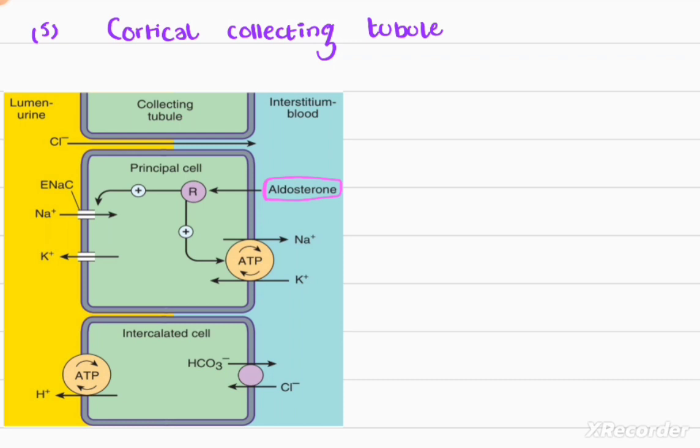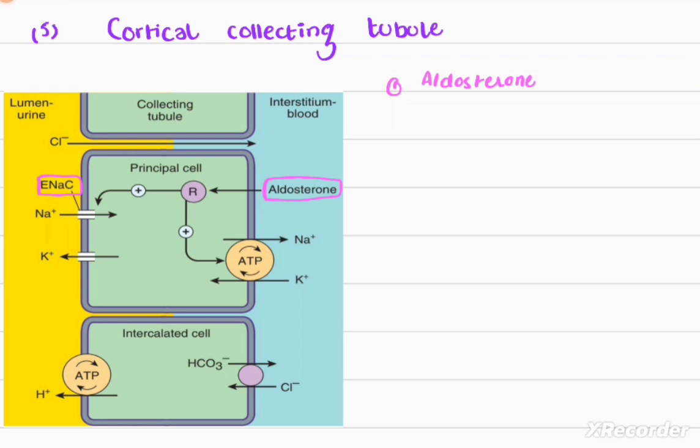In the collecting tubule, as we can see, there are two major components that are playing a role in the reabsorption. Number one is aldosterone. Aldosterone is a hormone that is secreted by the body.